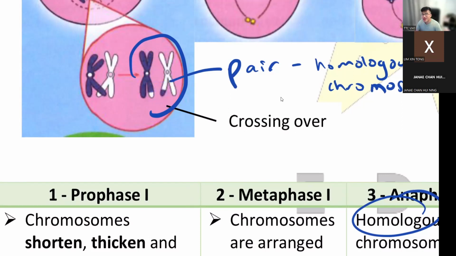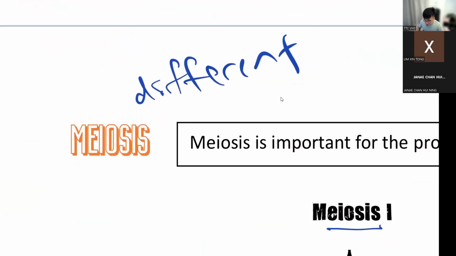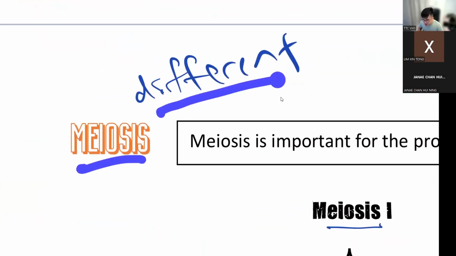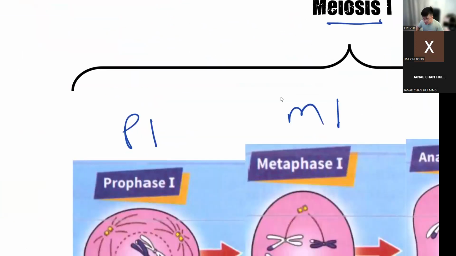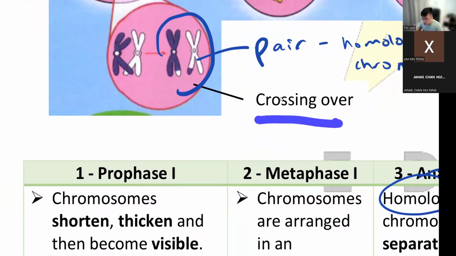Remember I said meiosis is to create different cells, to shuffle your chromosome. Shuffling. If I need to play cards, I need to shuffle to get different cards, right? The shuffling is what we call crossing over.